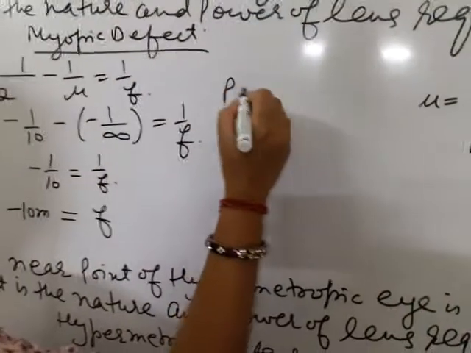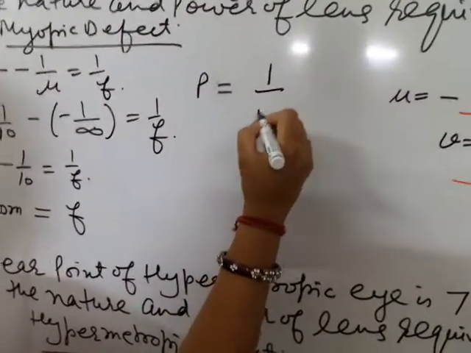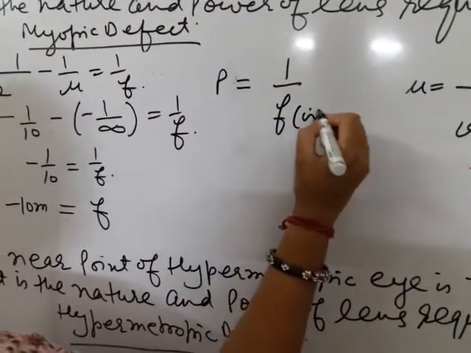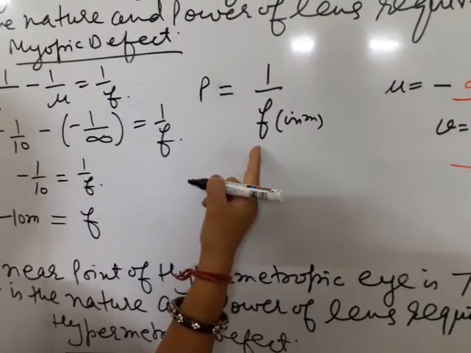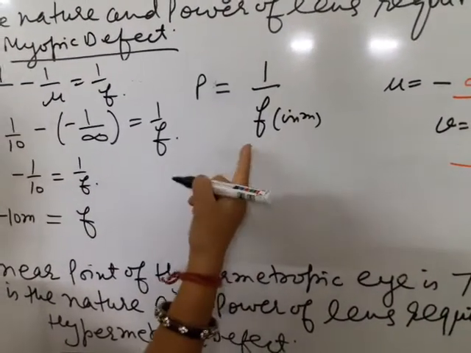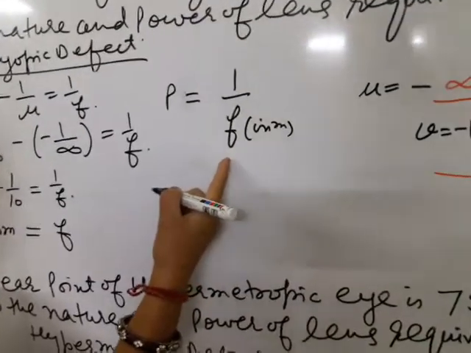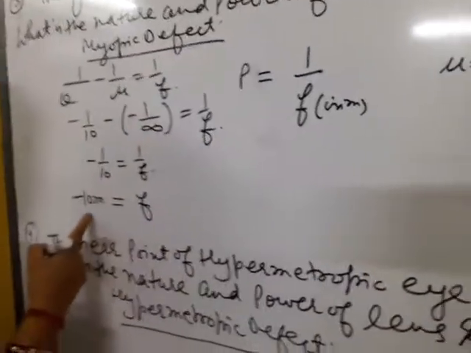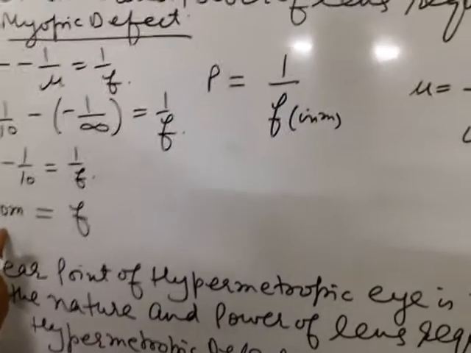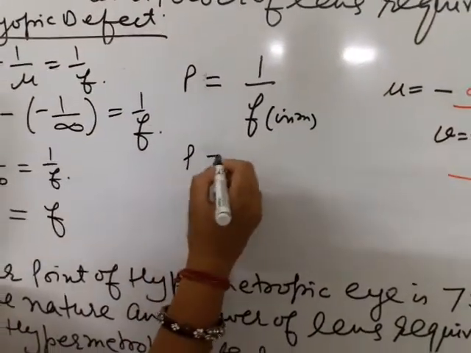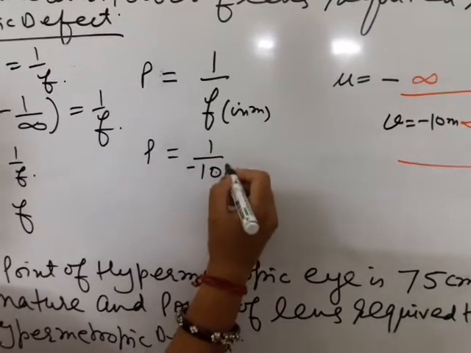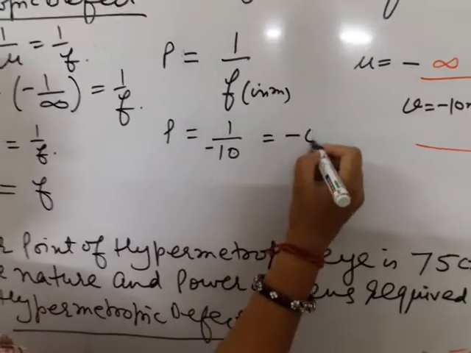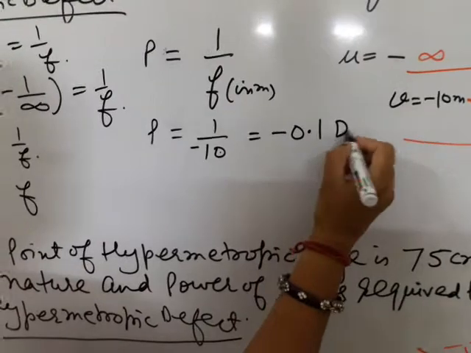So power is 1 by f, focal length in meter. Now why am I using this formula? Because we got the focal length in meter. So power is 1 by minus 10, and it is minus 0.1 diopter.